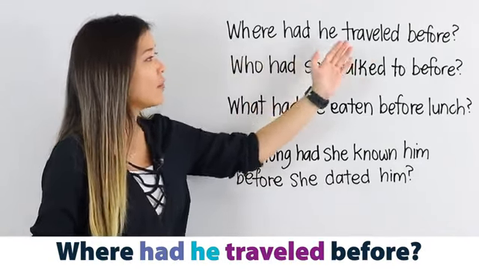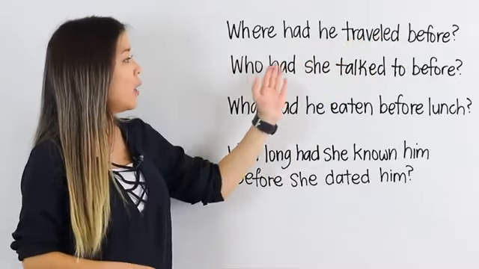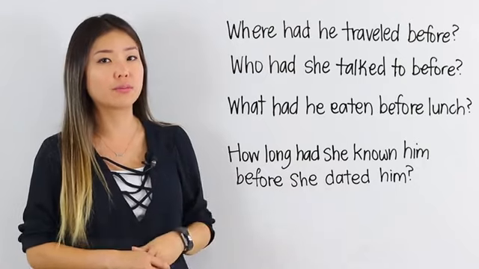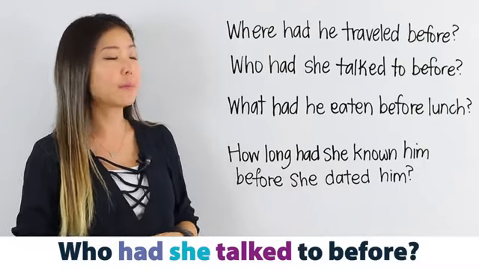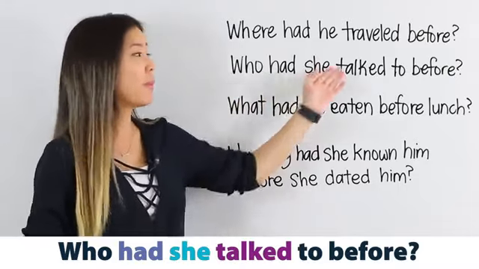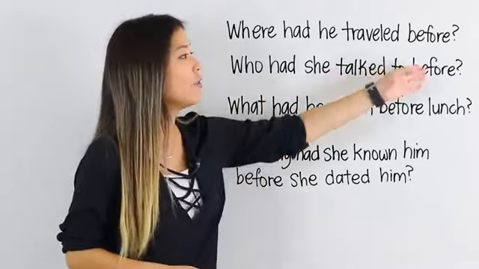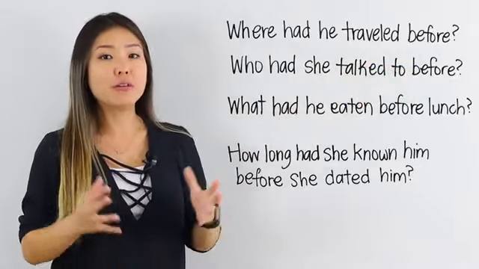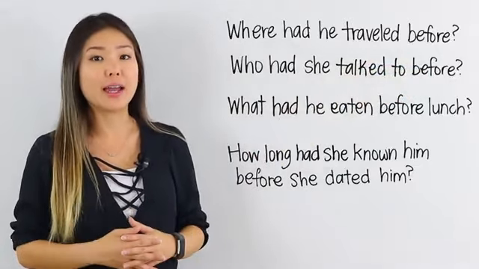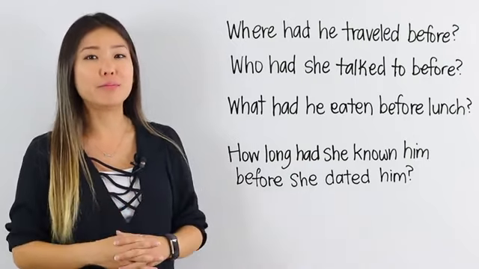Where had he traveled before? The next question says, who had she talked to before? This is the same thing. The WH word, had she, and then the past participle. You'll notice here that we have the word before, but we didn't write a specific point in time. If you see that, it simply means before now.